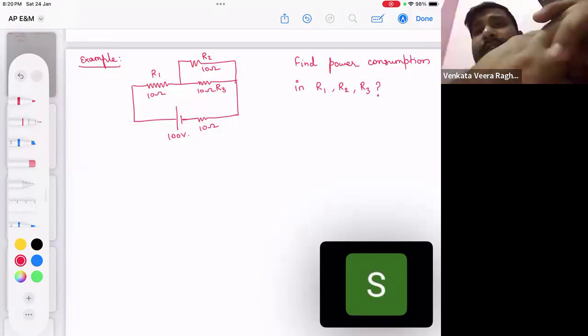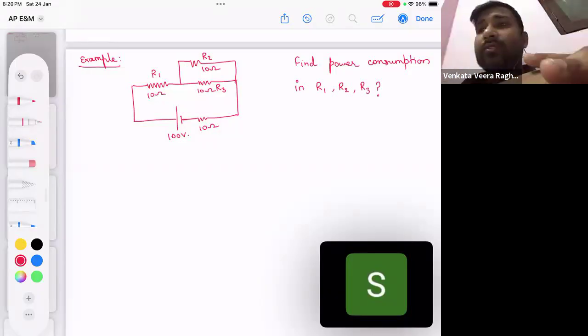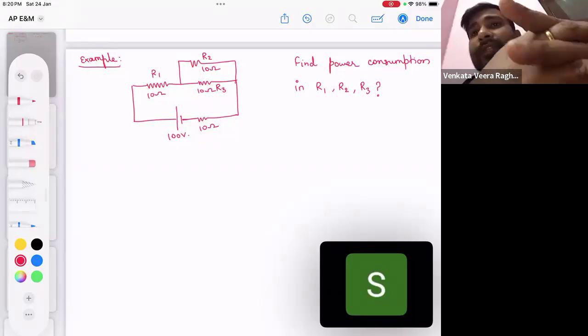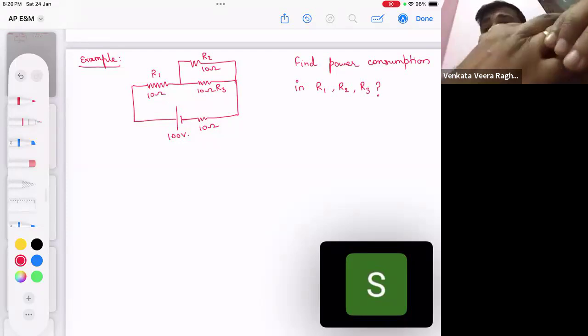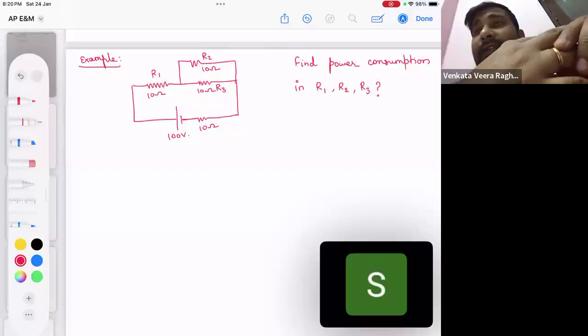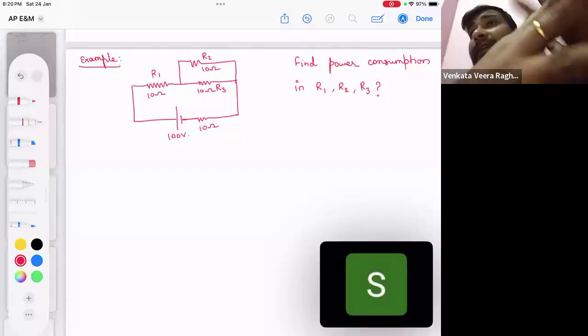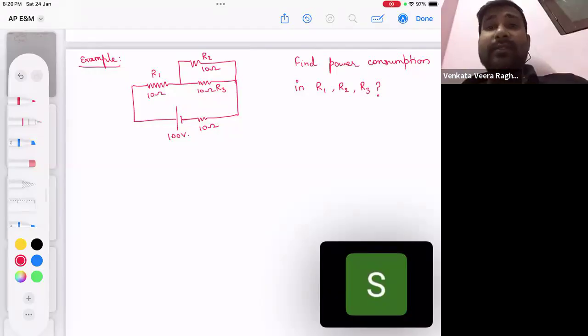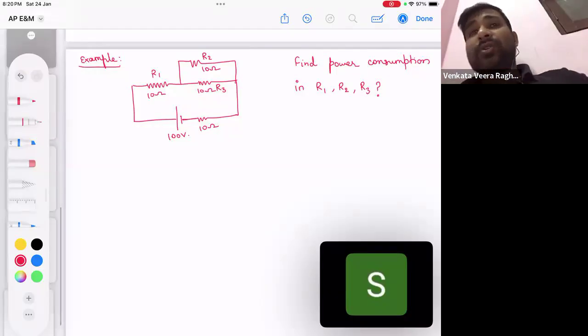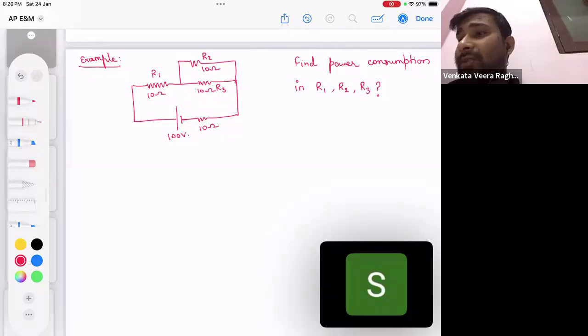Let's find out. Very simple values are given. Can we calculate first what is the current flowing in these resistances, or the voltage across these resistances? Because to calculate the power, either I can use I square R, or we can use V square by R. So tell me what you want to use and how much the answer is coming. Please tell everyone.